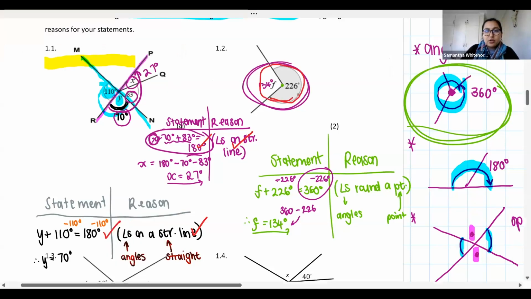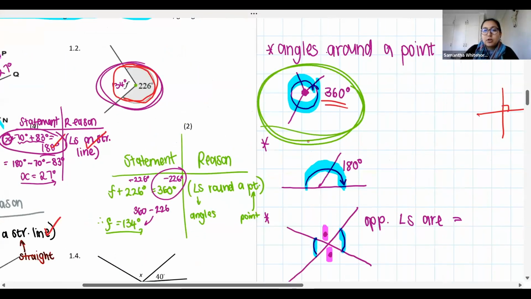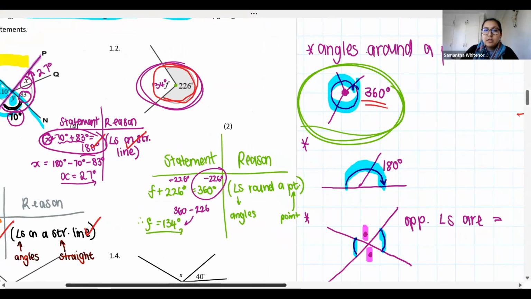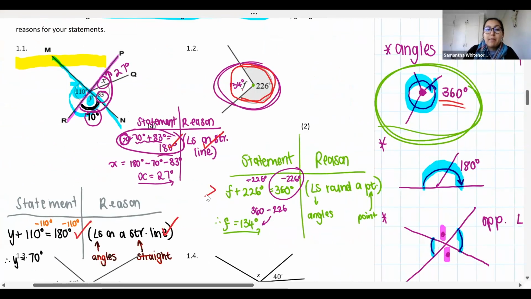You've got F and you've got 226. When you add them together, you must get 360 degrees. So I'm using geometric reasons to go and find out the value for F. If I know that F plus 226 degrees must give me 360 because they're angles around one point, I can then go and subtract 226 from 360 and I can get how much F is in terms of its degrees. So Nelson, you can unmute. Does that make sense?